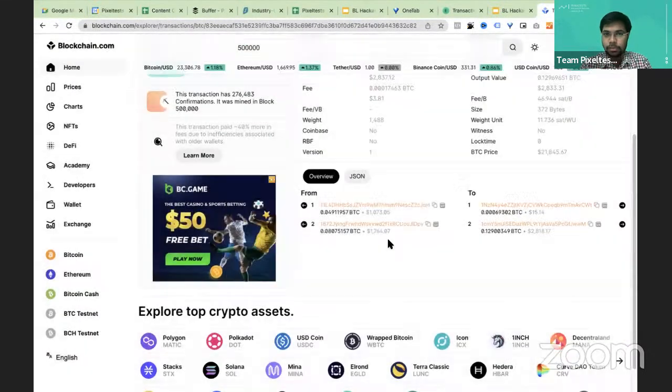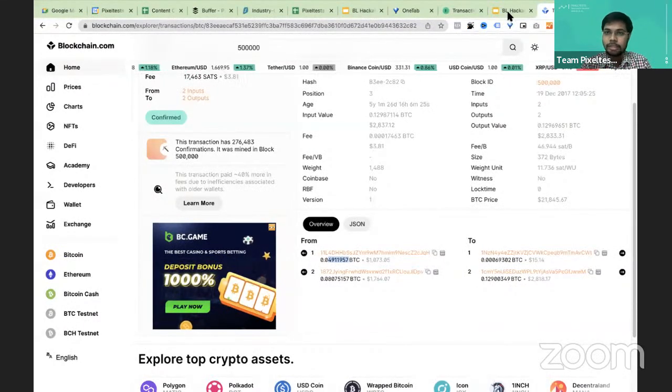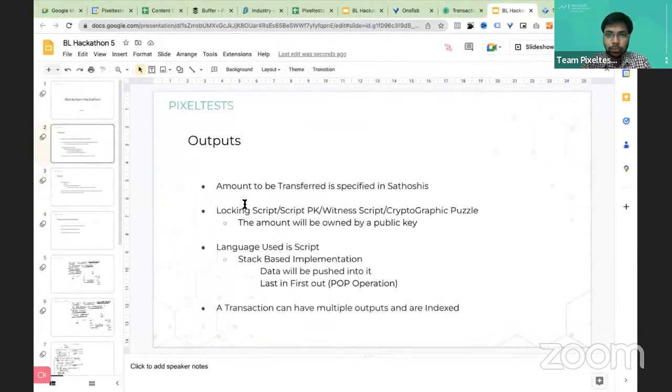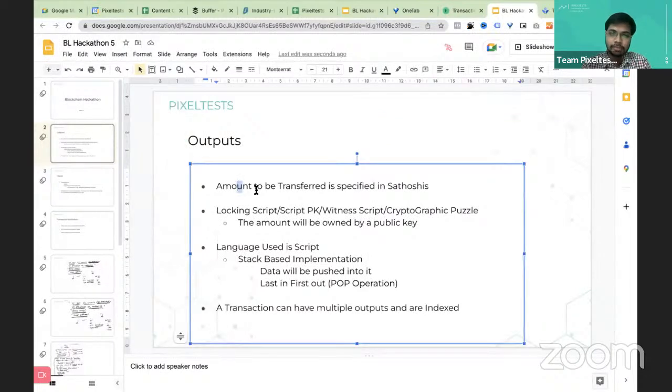Whatever amount has to be sent is mentioned, along with all the details. An output will have the amount to be transferred and the script PK, which is also known as the witness script, or the cryptographic puzzle.